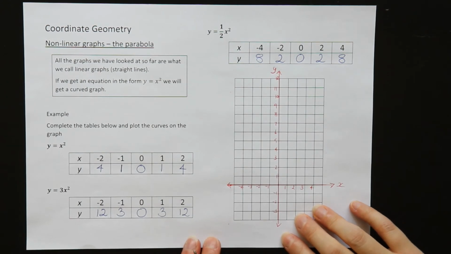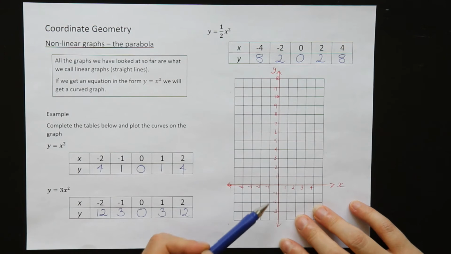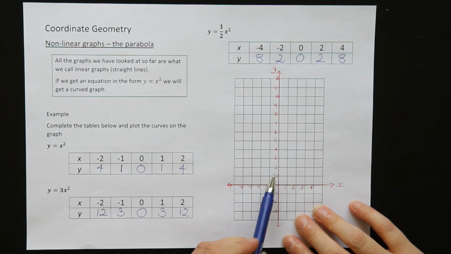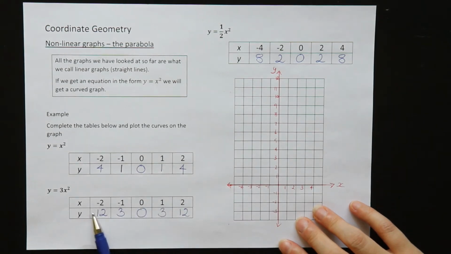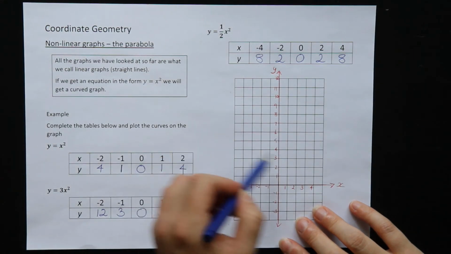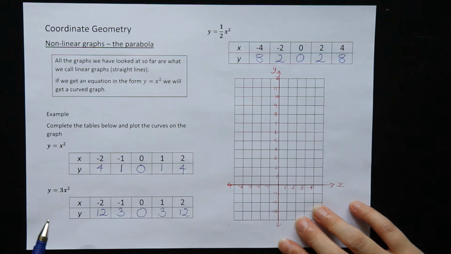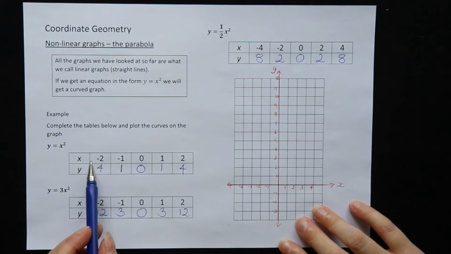Alright, let's plot these points for each table onto the graph. I've drawn this graph ahead of time and I deliberately left off most of the bottom part of the graph because as you can see there are no negative y values. So for these parabolas, they're all going to be up the top here today. Let's plot. When x is minus 2, y is 4.